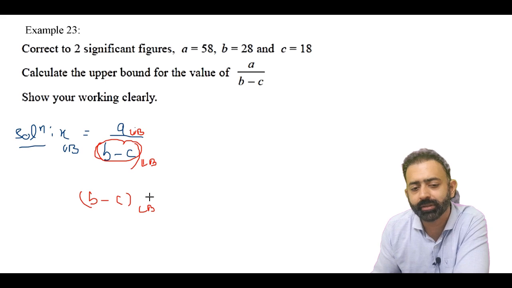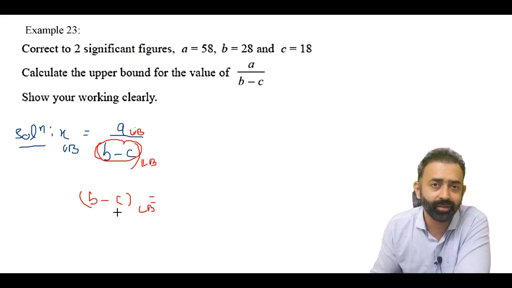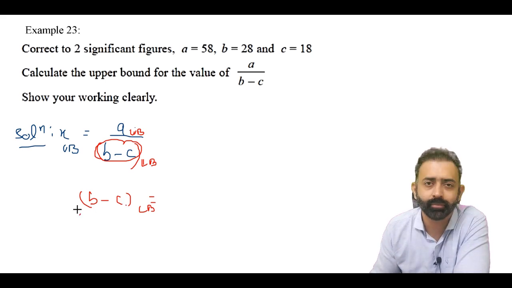Now in this case, for two numbers in a difference, if I have to find the lower bound, the difference will be minimum if you subtract the maximum from the minimum. I am repeating.